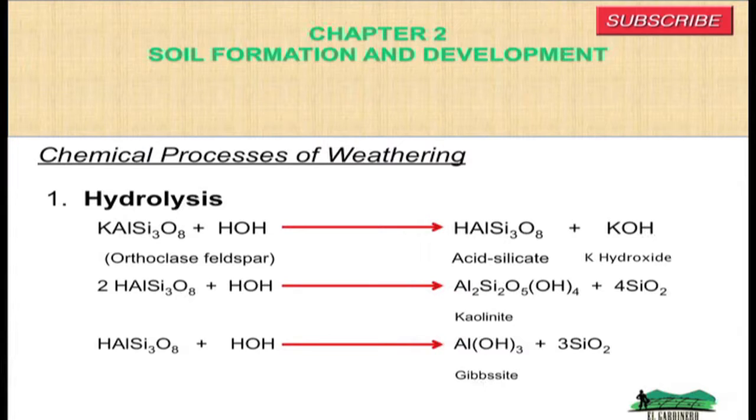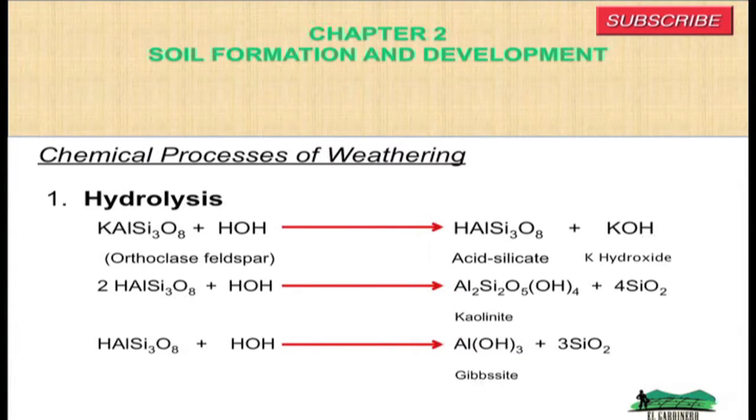So originally, the potassium aluminosilicate is also known as the orthoclase feldspar. After it has hydrolyzed, you will have your acid silicate and potassium hydroxide as a product.